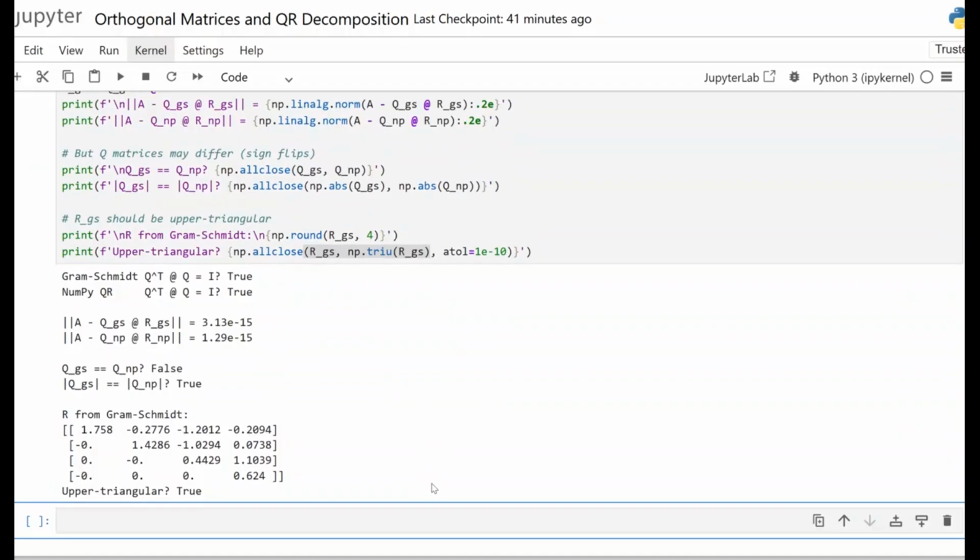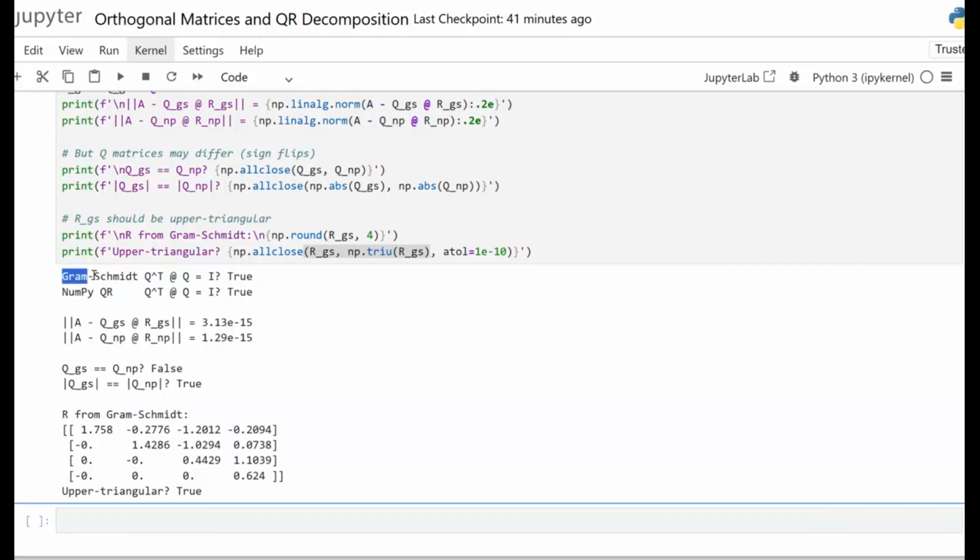By using this comparative view, it is easily observed that classical Gram-Schmidt computes projections using the original vector. It is numerically unstable for nearly dependent columns. And with NumPy QR, there is Householder, which uses orthogonal reflections, much more stable and standard in production linear algebra.